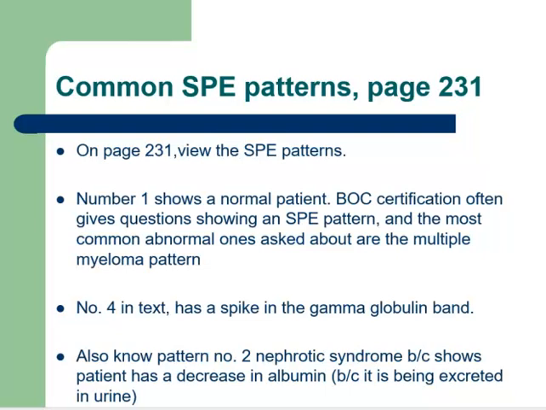Number 4 in the text is showing that spike in the gamma globulin band, which is your multiple myeloma patient. Number 2 is the peaks for a nephrotic syndrome patient where there's a decrease in the albumin because that albumin is being excreted in the urine. So please just be aware of these patterns.